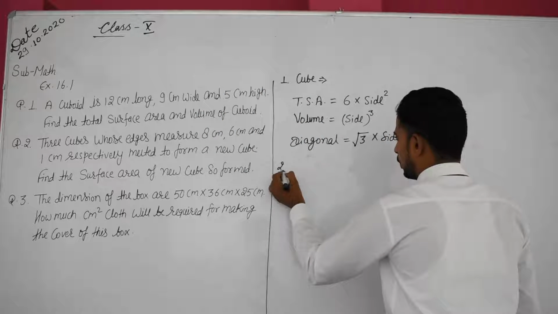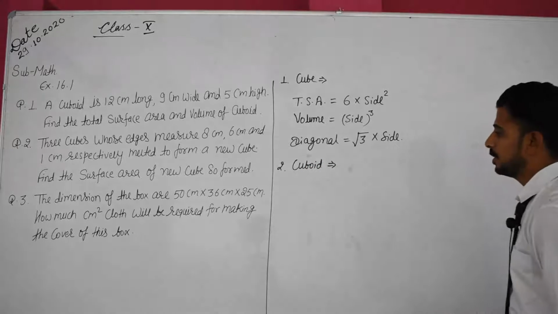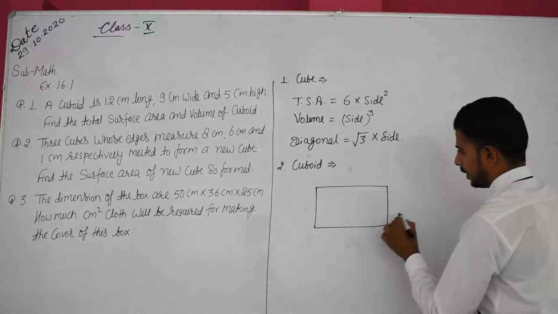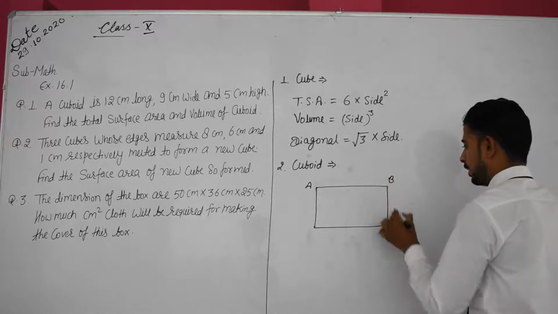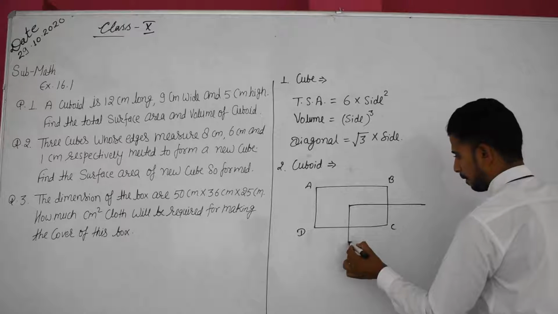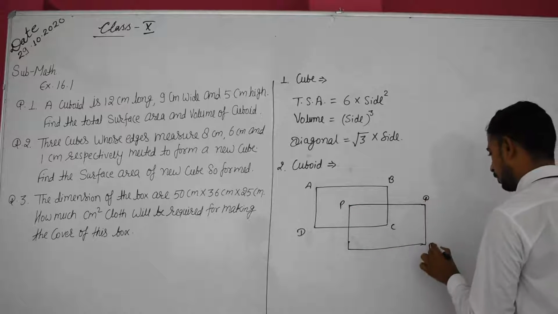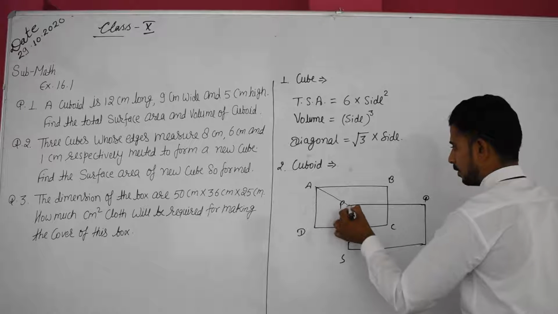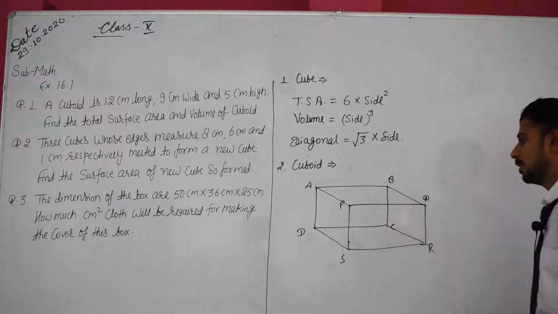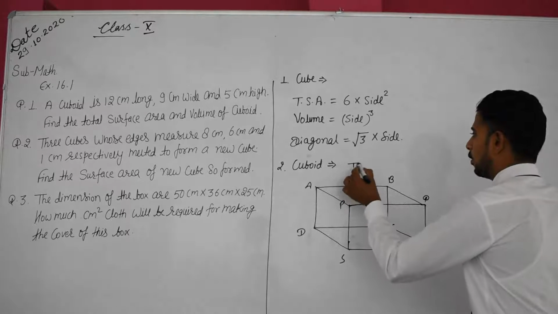Now next, second is the cuboid. In a cuboid, each face is in a rectangle shape, A, B, C, D, and the other is P, Q, R, S. A to P, B to Q, C to R and D to S. Then this figure is the rough sketch of a cuboid.